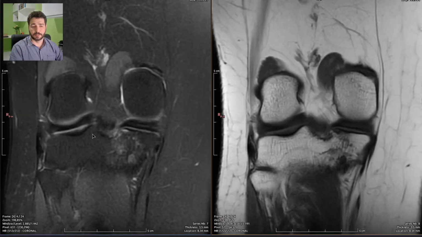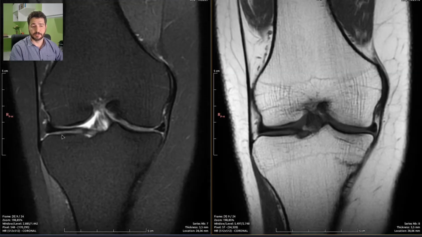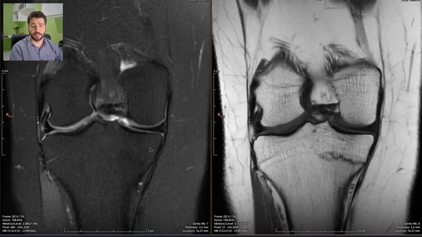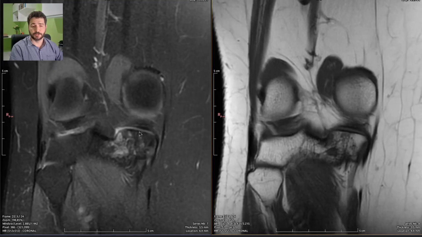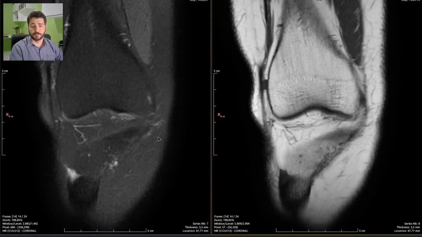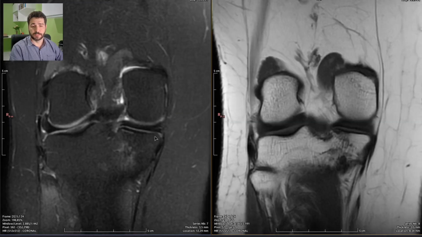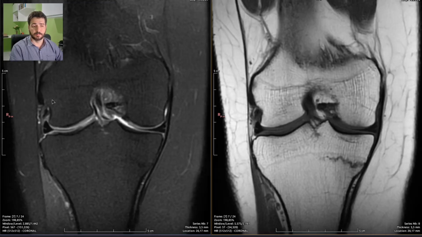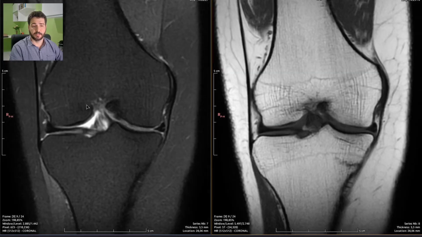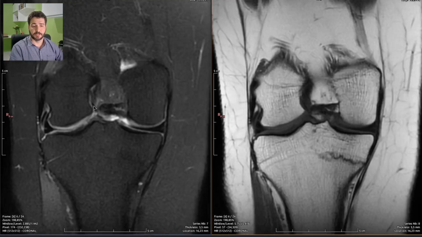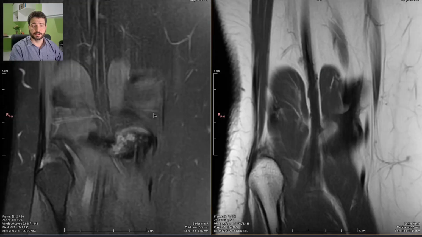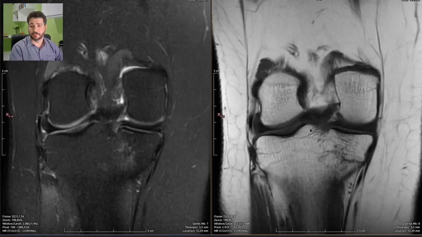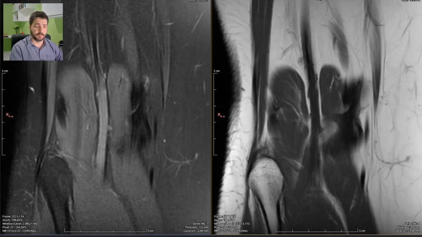So just going over the meniscus, fine, triangular shape, acute margin, no exaggerated bright spots, collateral ligaments are fine, cruciate ligaments as well, so periarticular soft tissues are okay dokie. So this is quite easy.